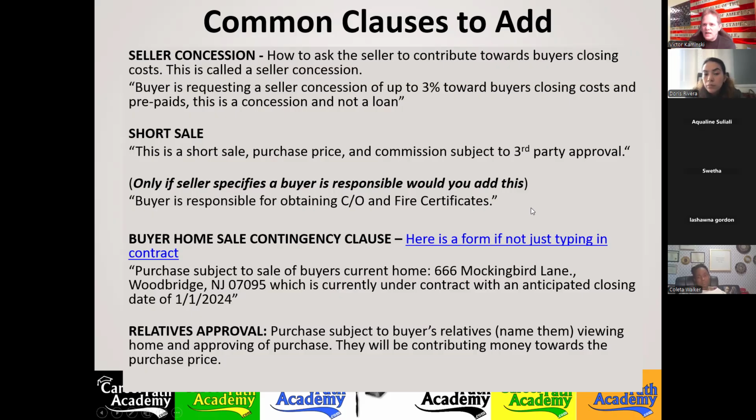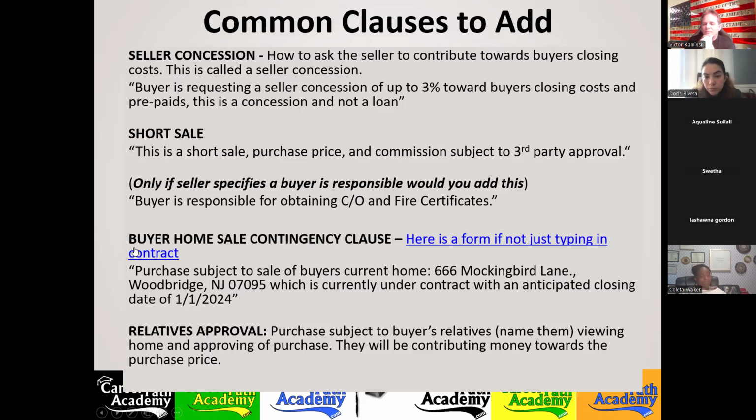And a lot of municipalities know this and don't want the buyers to do work on a house that they don't own yet. So they'll give you the certificate of occupancy and fire inspection certificates, subject to you doing the work and then calling them back to get it re-inspected within like 60 days or 90 days of the closing of the sale.